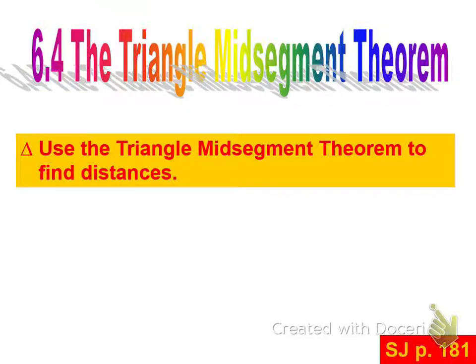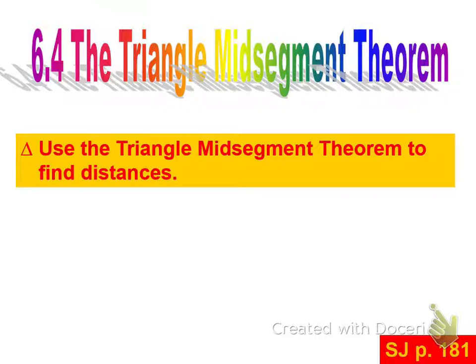Can someone name another center and what it is formed by? Michael. The incenter is formed by angle bisectors. Reagan. Centroid. A centroid is formed by medians. Josh, the last one. An orthocenter is formed by altitudes.